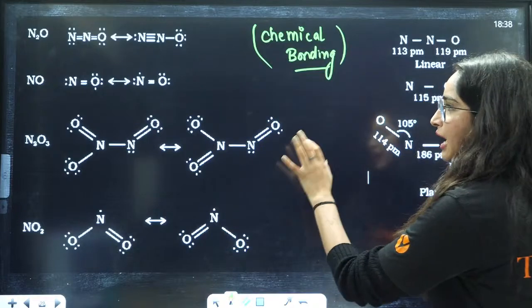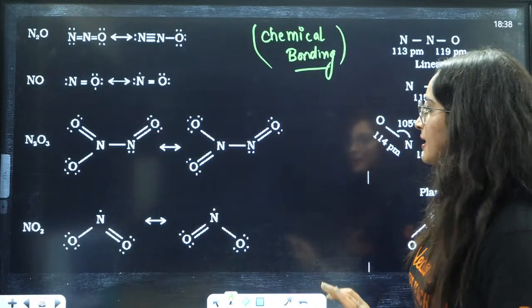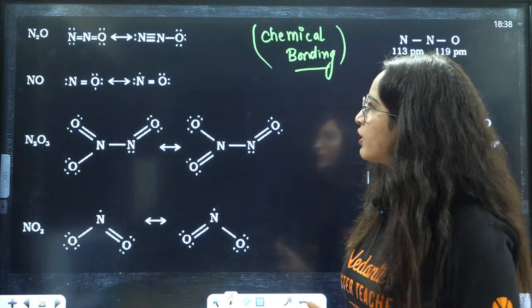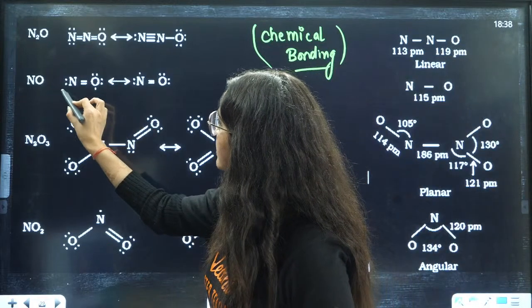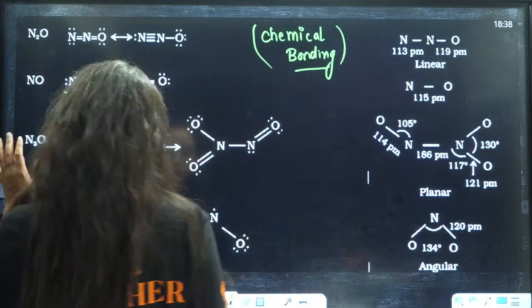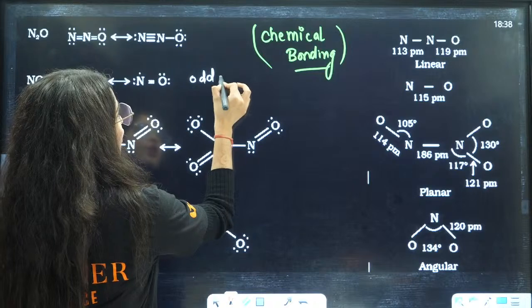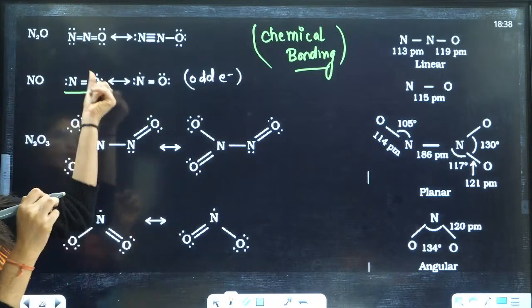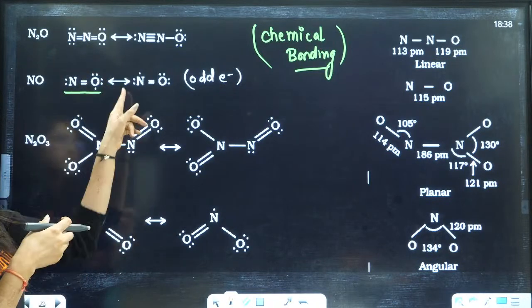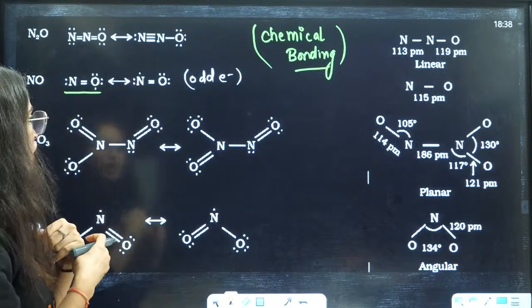This we have done in chemical bonding, right? Very important. Some of them have odd electrons like this. This we have done in exceptions. Here on this oxygen you have 5 electrons, and on this nitrogen you have 3 electrons. So odd electrons.